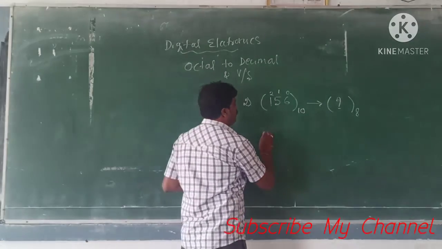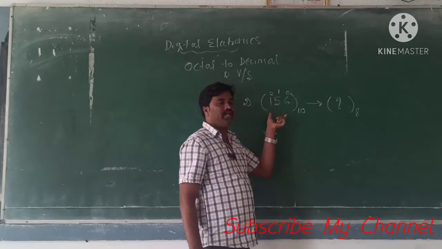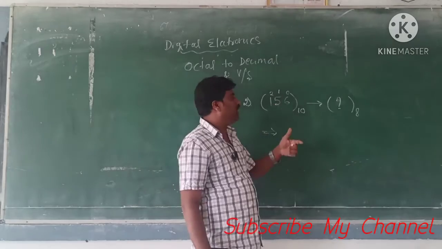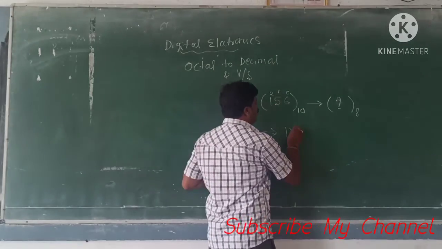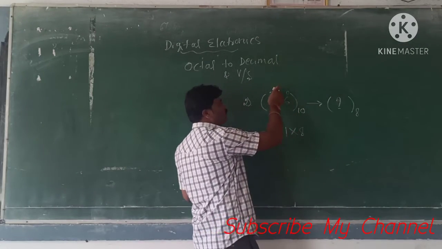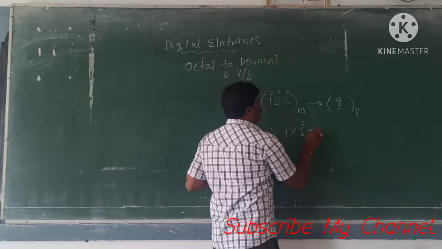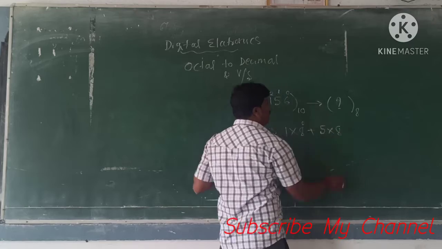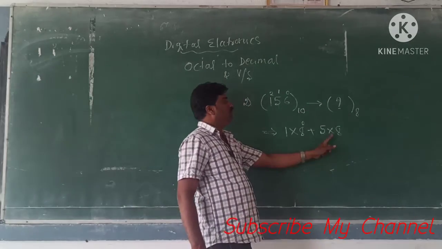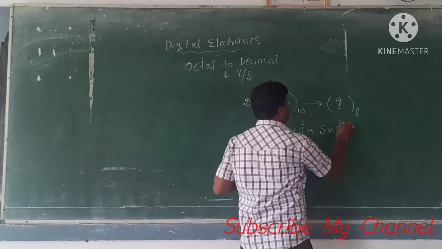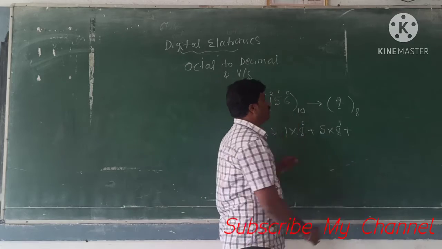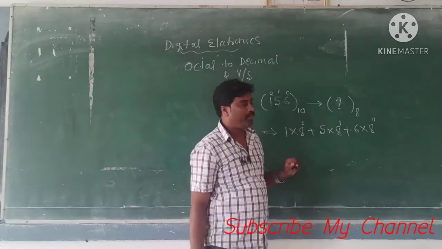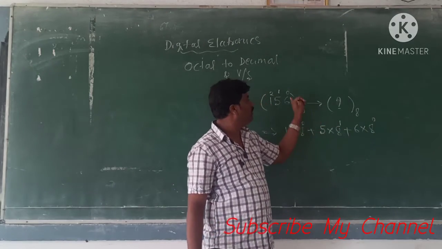Now we multiply each digit by 8: 1 into 8 raised to 2, plus 5 into 8 raised to 1, plus 6 into 8 raised to 0.